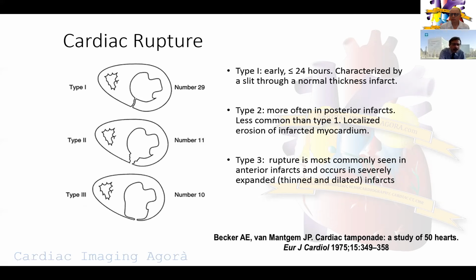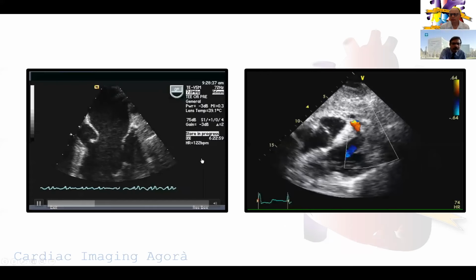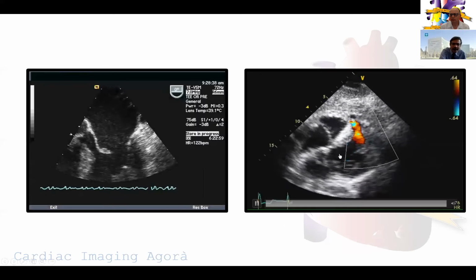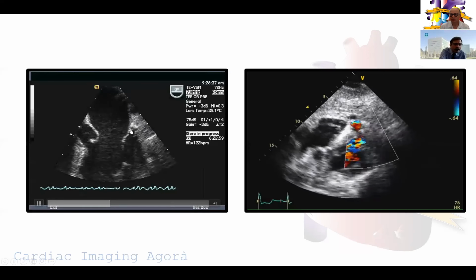So what I thought I would do for your viewers is give you visual examples of each of these kinds of ruptures so that they can think this through in their minds. That first case I showed you was a classic type 1 rupture, but let me show you some other examples of the same. Here, you can clearly see this is a papillary muscle rupture.